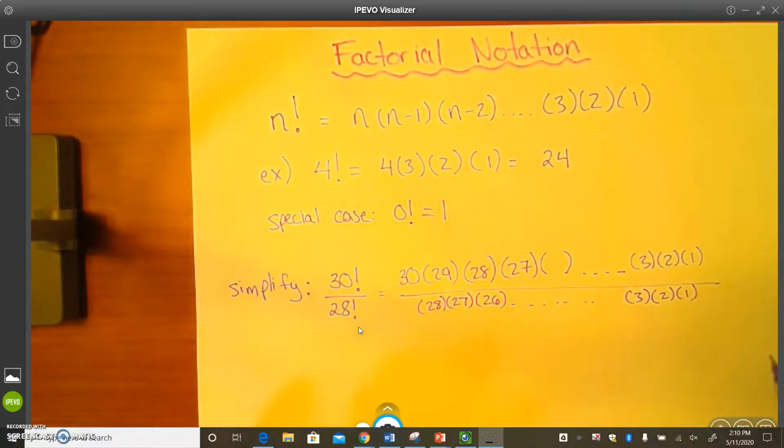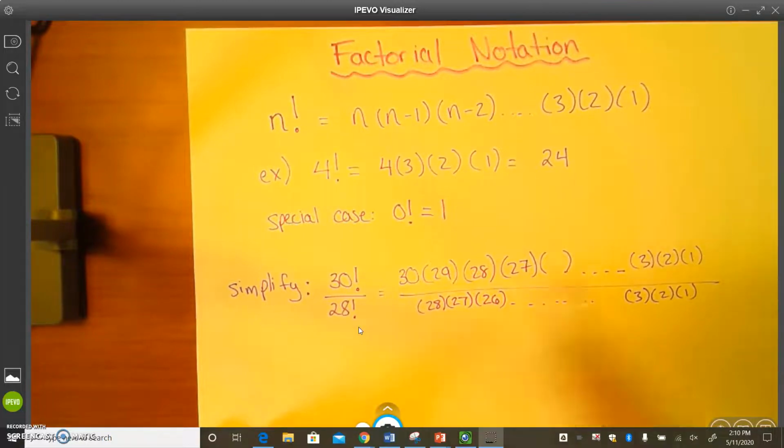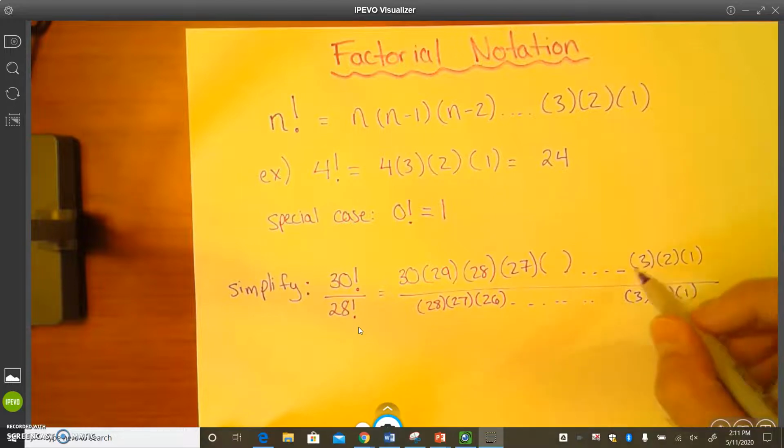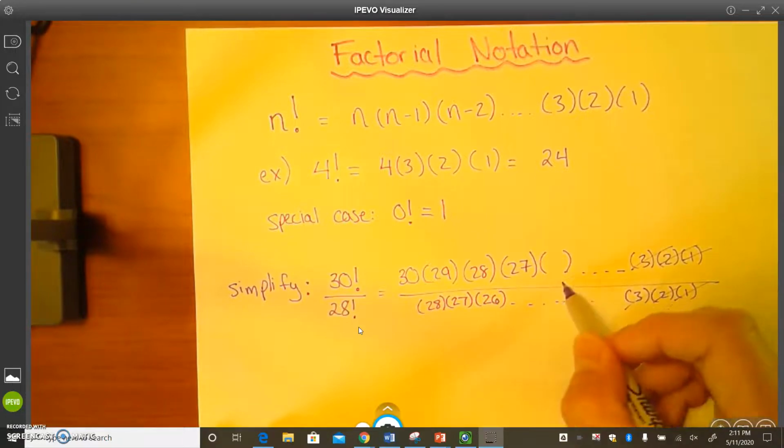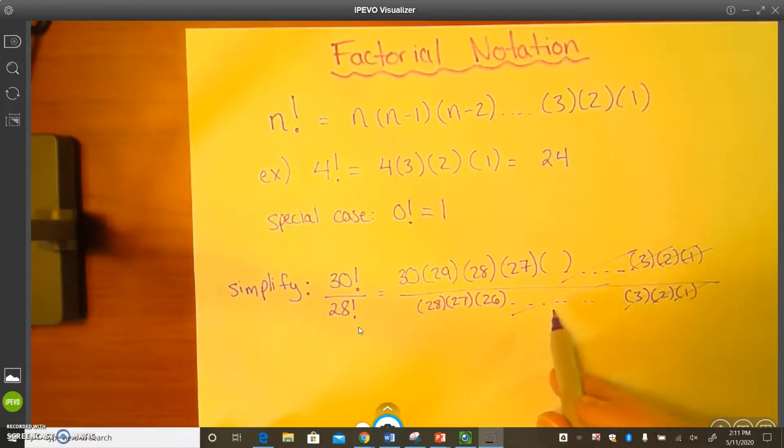Some students might be tempted to multiply out the denominator, then divide. However, there's actually a pretty smart way to do this. You're going to notice very quickly a lot of these factors cancel. They cancel because it's one string of products. They are factors, which means we can cancel them. There's no addition or subtraction. In fact, all of this middle section is going to cancel all this middle section. These dot, dot, dots cover the same numbers.